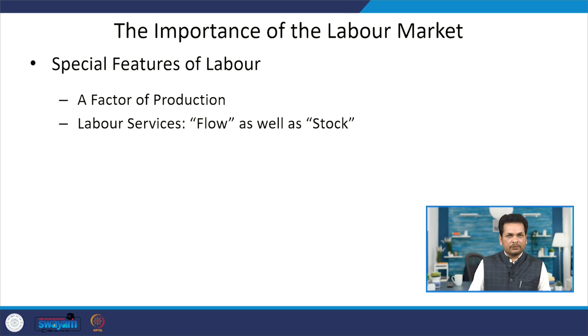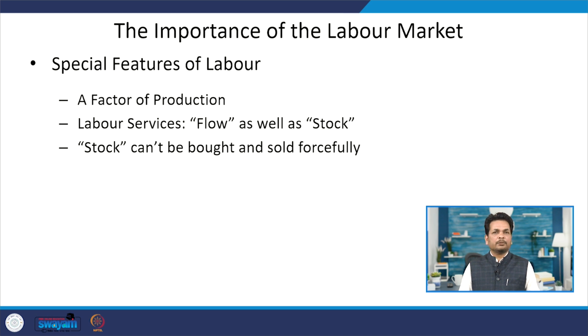At a particular point of time, labor has some kind of skill, some kind of education. That is the stock. He is equipped with that stock. And for how many hours he is going to supply that labor service, that is the flow.